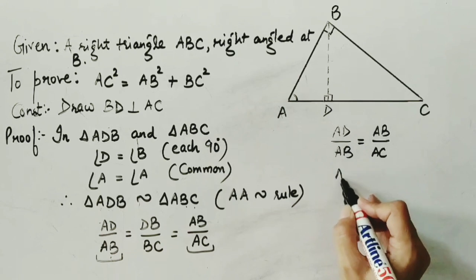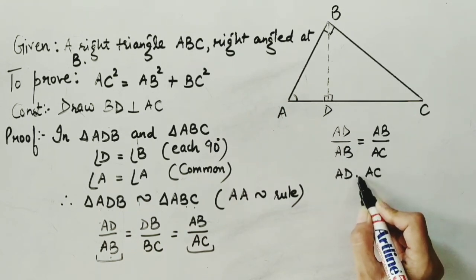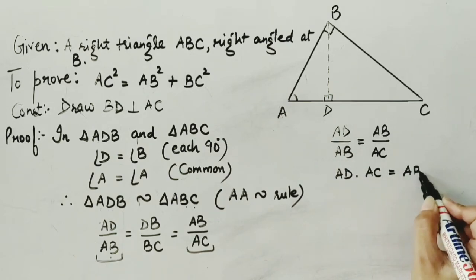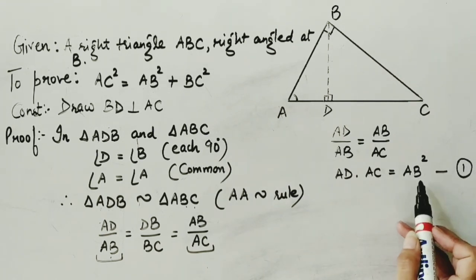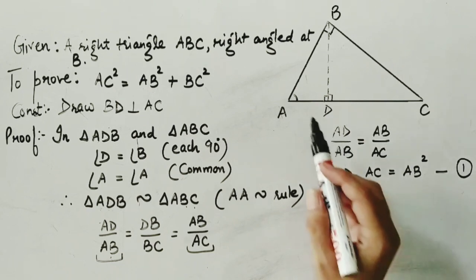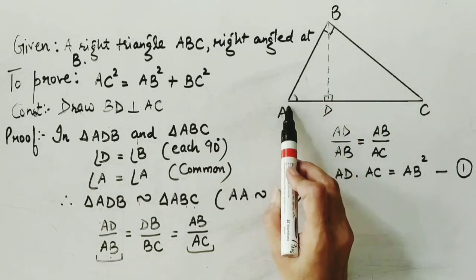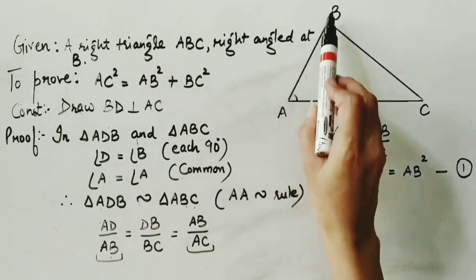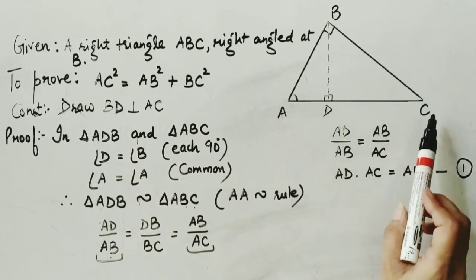This becomes AD into AC, this dot indicates product, AD into AC equals AB square. Mark it as equation 1. So equation 1 is obtained from triangle ADB by comparing it with ABC, and it says AB square is equal to AD into AC.